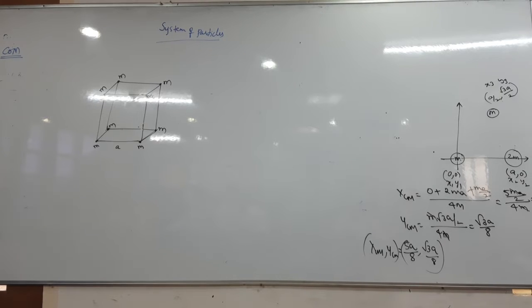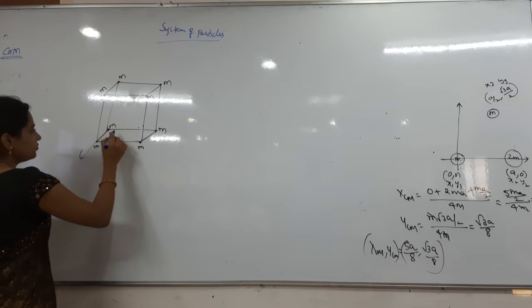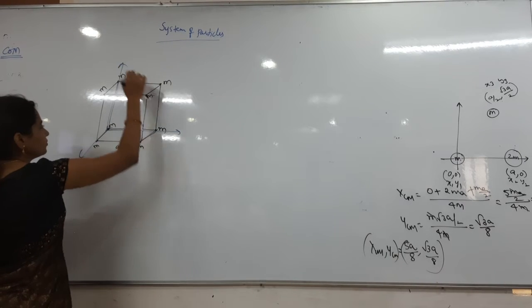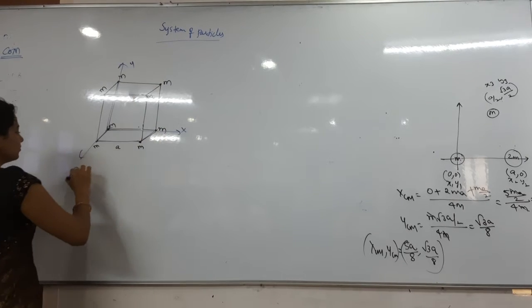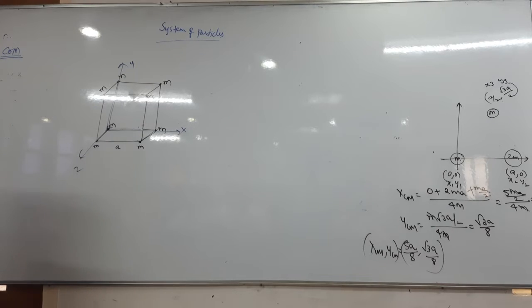Consider this as the coordinates, this as the axis here. If we consider like that, for coordinates you have to consider this one. Whatever the logic I am telling about, for that there is no need to consider any coordinates, nothing. So where the center of mass will lie.